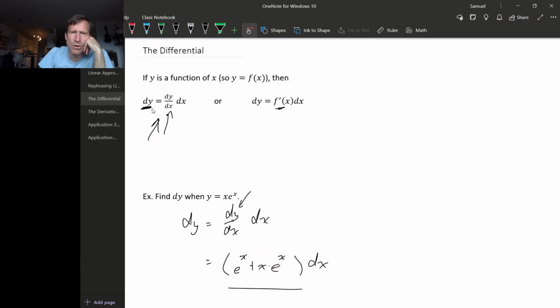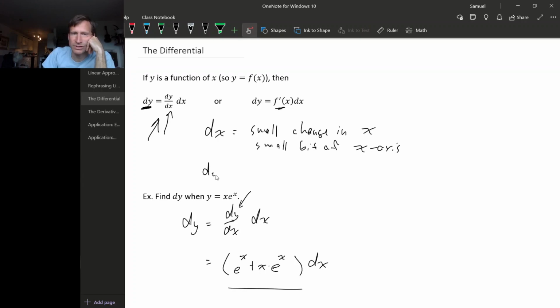Well, the way to think about this is that any differential, so d of x, how you should think of this is a very small change in x, or a small bit of the x-axis. And dy, well, dy is the same kind of thing, but in the y direction. dy is a small bit of the y-axis.